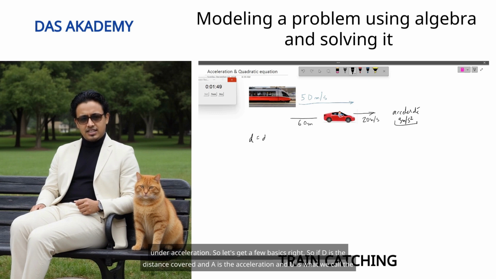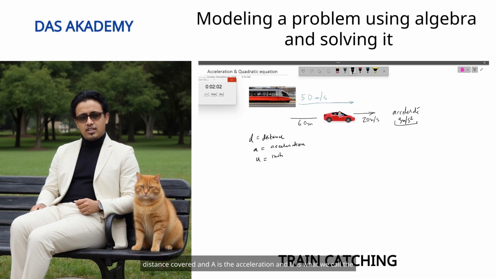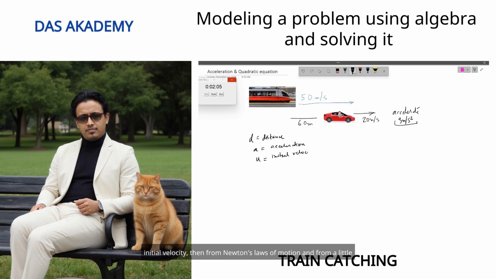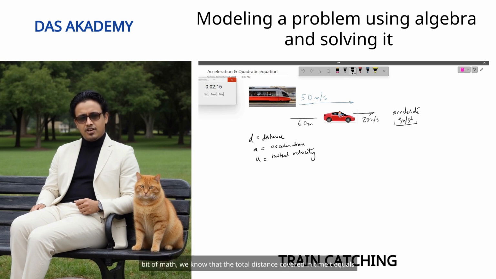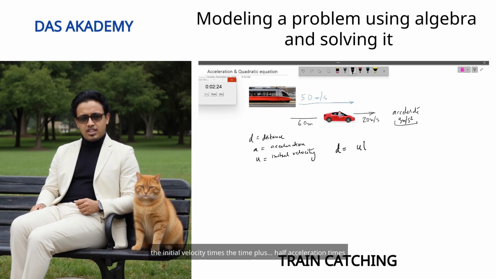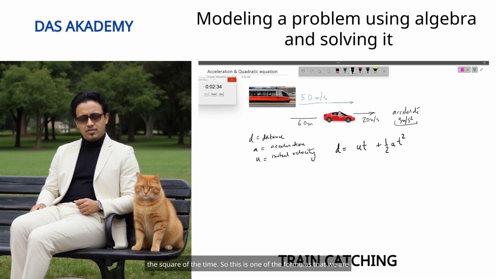If d is the distance covered, a is the acceleration, and u is what we call the initial velocity, then from Newton's laws of motion and from a little bit of math, we know that the total distance covered in time t equals the initial velocity times the time plus half acceleration times the square of the time.